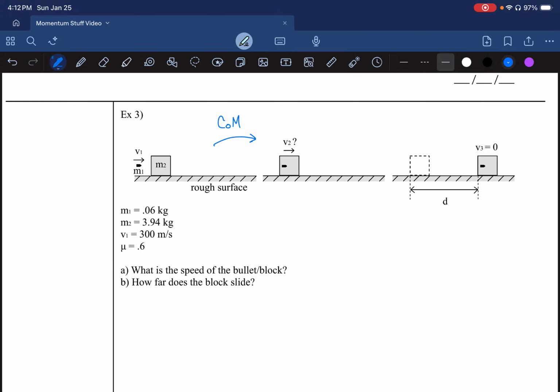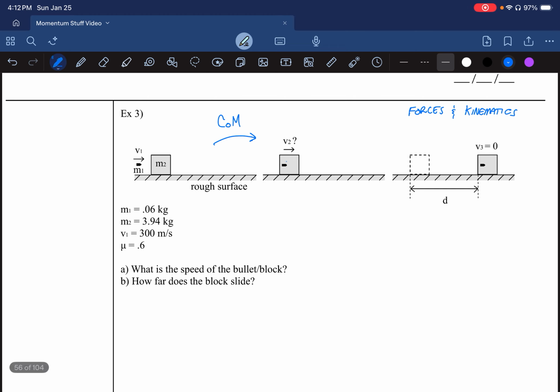And so, okay, to figure out this part, this is interesting. You can actually use, because we know mu, yeah, you can actually use forces and then kinematics. You can use, because there's mechanical energy here and then 0 mechanical energy here, mechanical energy is not conserved because friction is doing work on the system.